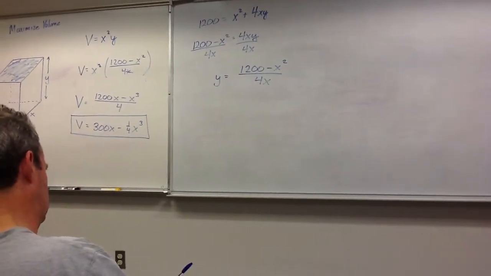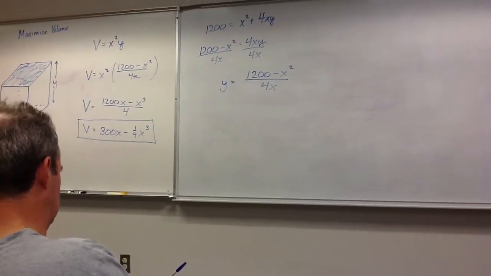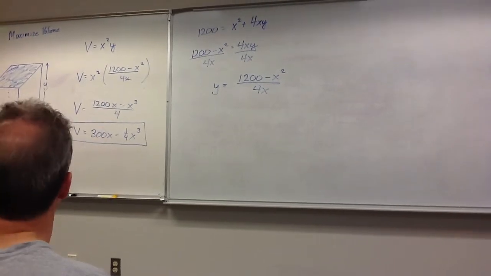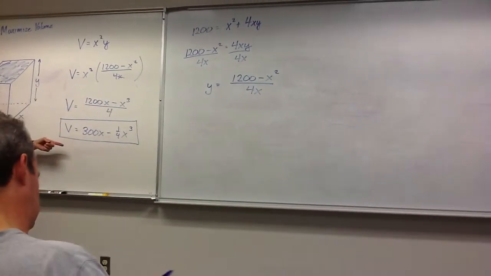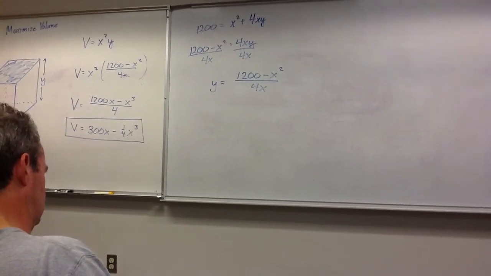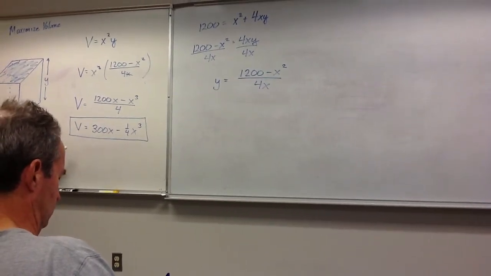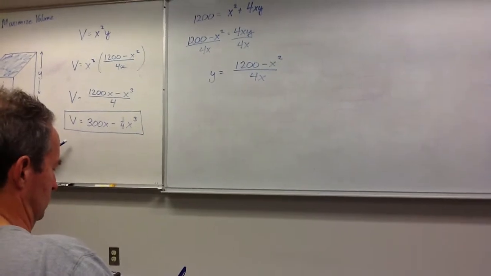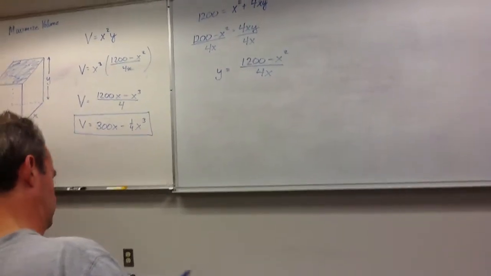Okay. All right, so we are totally done with the algebra now and the setup. Calculus, we want to take our derivative, set that derivative equal to 0, and solve for x. Are there questions on the setup before you do any of the calculus? All right, so next step.